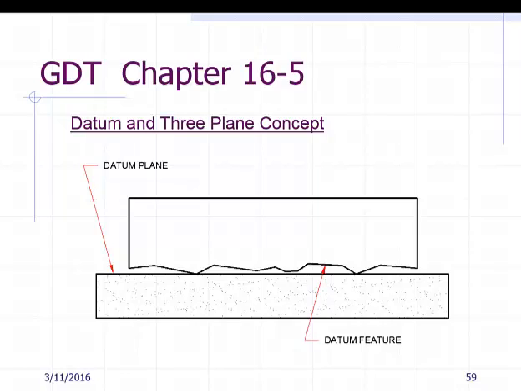So again, if I've got a datum plane here, this could be the top of a table and the part is sitting on it, so this would be the primary datum. Again, the parts aren't exactly perfect, so technically the whole plane doesn't sit on it. There might be individual points that hit it first.